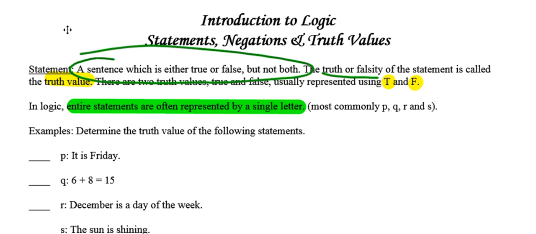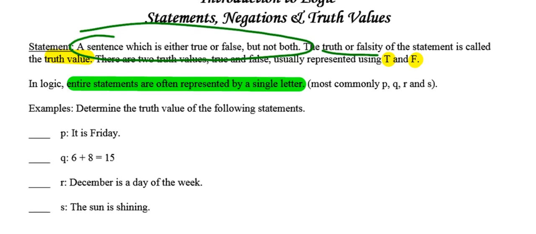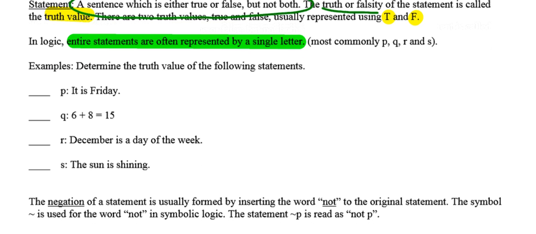All right, down on page 2, it says, determine the truth value of the following statements. So again, when they ask for truth value, what they really want us to specify is whether the statement is a true statement or a false statement. In the first example, it says, let statement P represent the sentence, it is Friday.